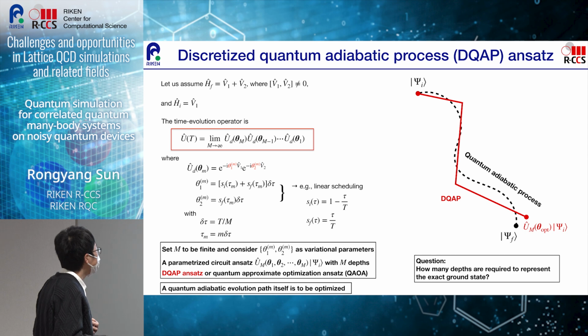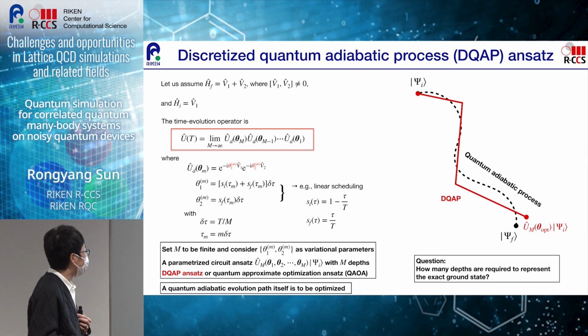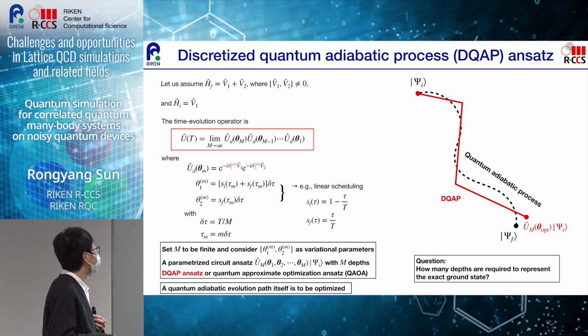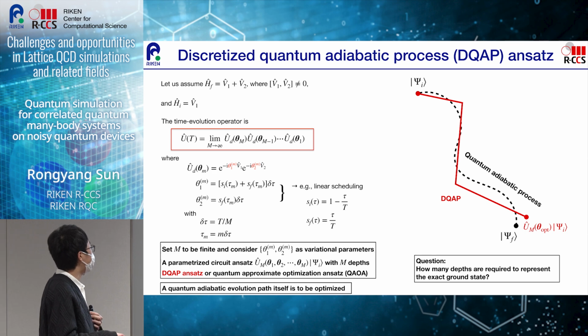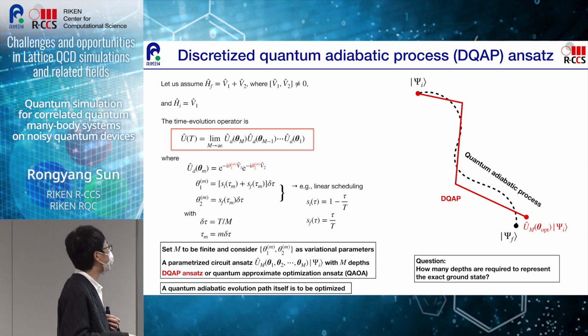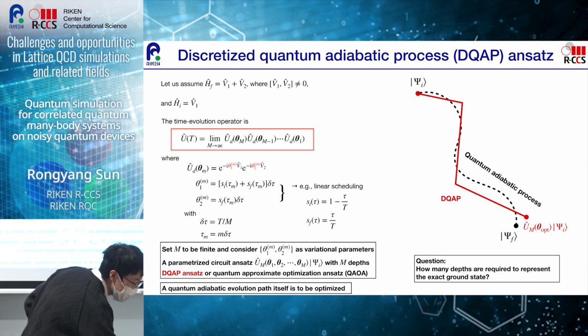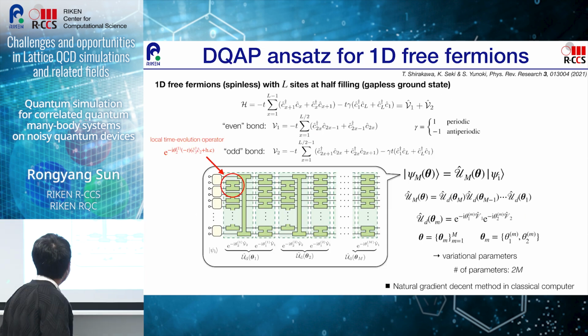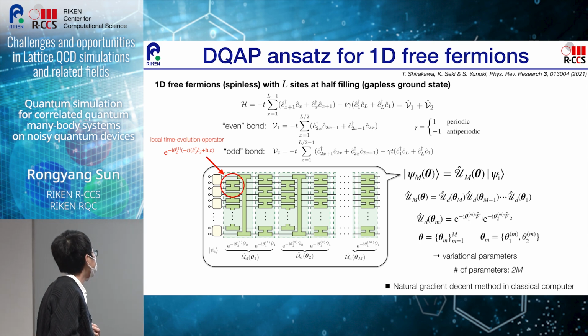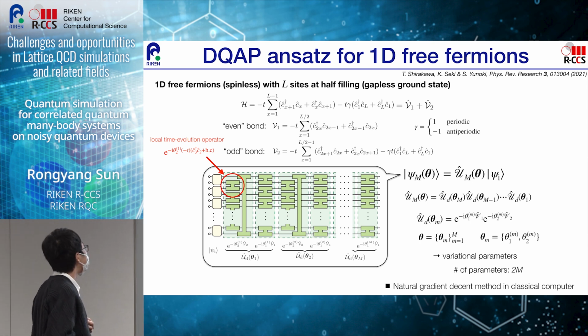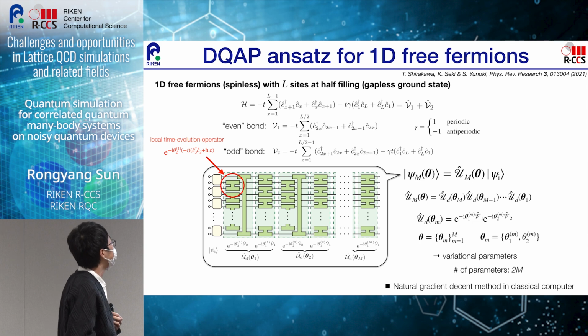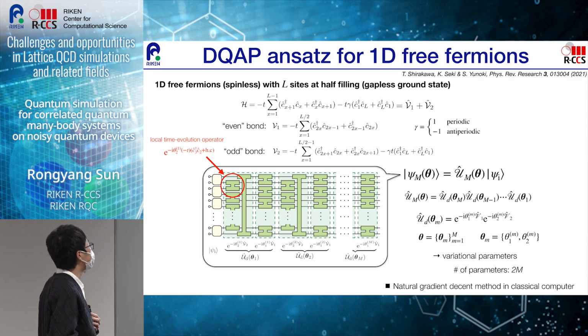One of the central questions for this ansatz is how many depths, I mean how many time steps, you need to represent the exact ground state. So here we consider the simplest example: one-dimensional free fermions, spinless fermions.